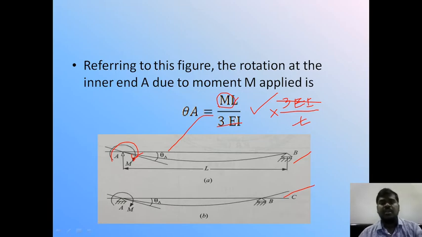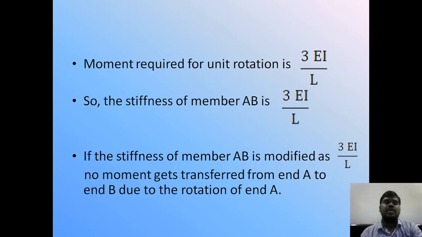This is telling the moment required for unit rotation. That means M will be 1, and this is 3EI by L. So the stiffness can be taken as 3EI by L.